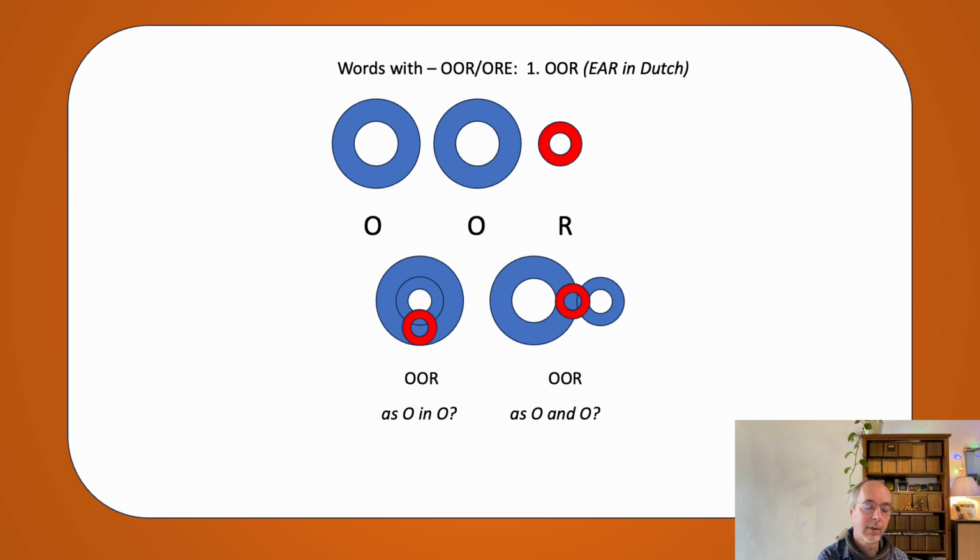Here we have two spaces, let's say two references of O's, which can be a connection from within or a connection to the outside. Let's see how we can see OOR.